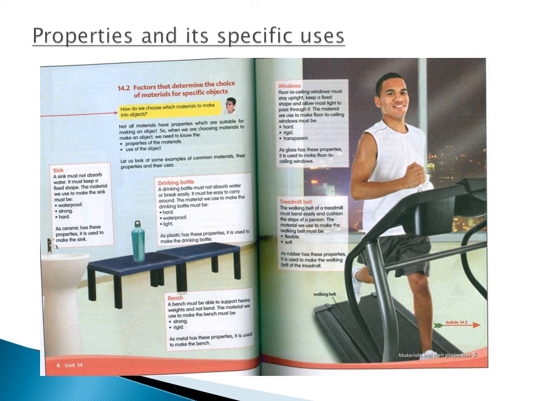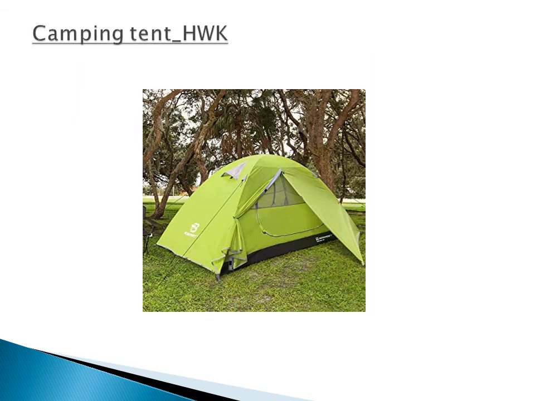In your next slide, your homework for today's STEM lesson is to design a tent, a camping tent. As you see in the picture, it doesn't have to be like this, but I'm just showing you so that you know what a tent is. Now, you have to design a tent using different materials which have different properties, which are used for specific purposes, such as the tent has to be made of light material.